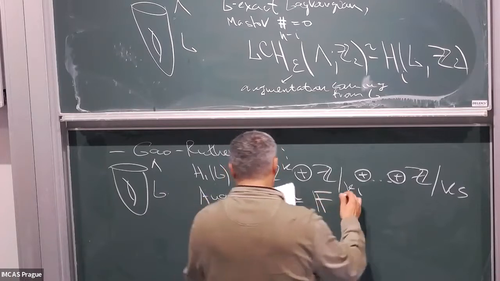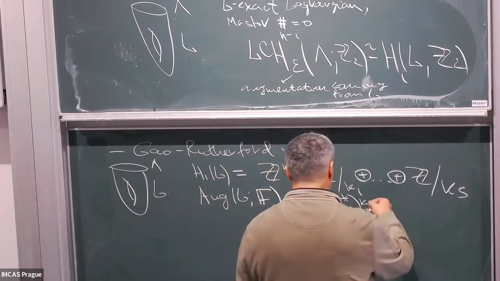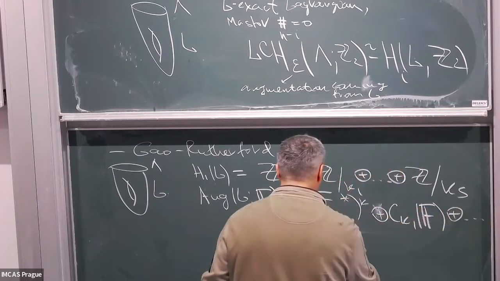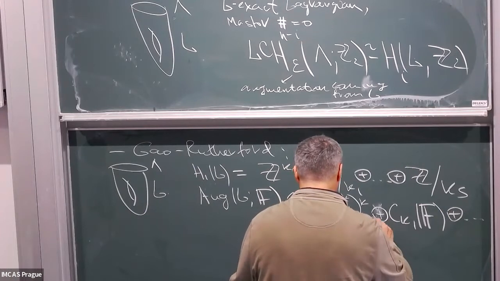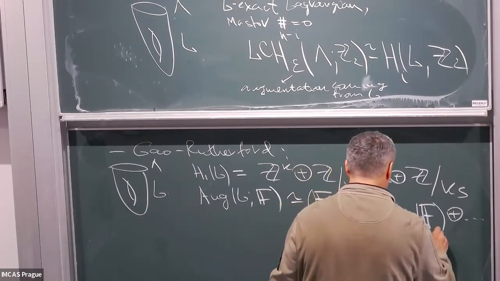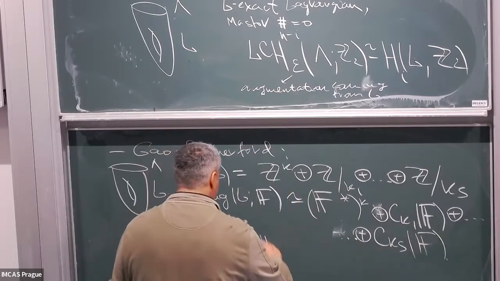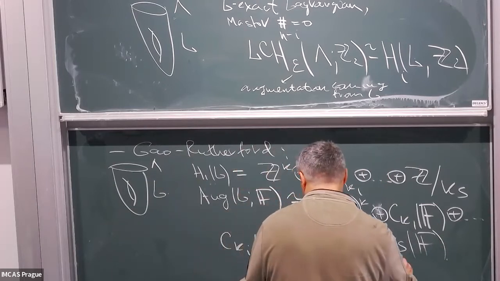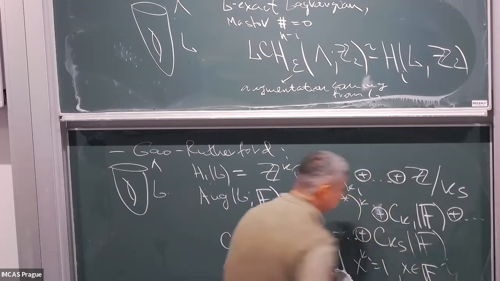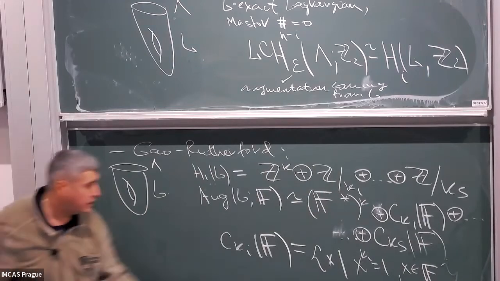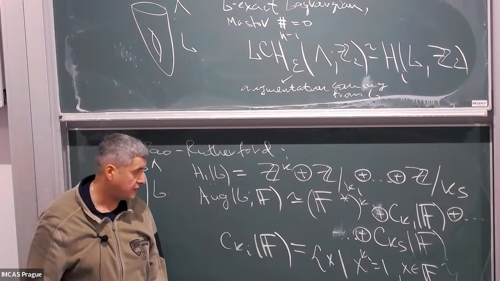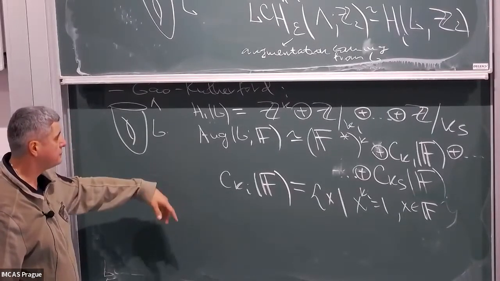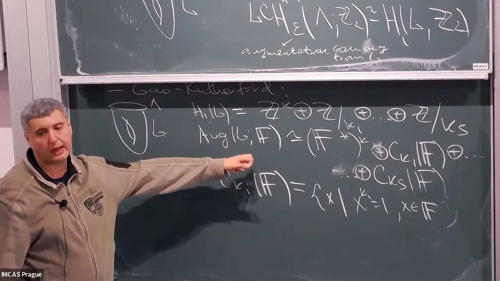It is (F*)^k plus C_{k1}(F) plus ... plus C_{ks}(F), where C_{ki}(F) is given by the set of points x such that x^{ki} is equal to 1, and x is in F. So basically, we can relate some algebraic variety. This is the so-called augmentation variety.